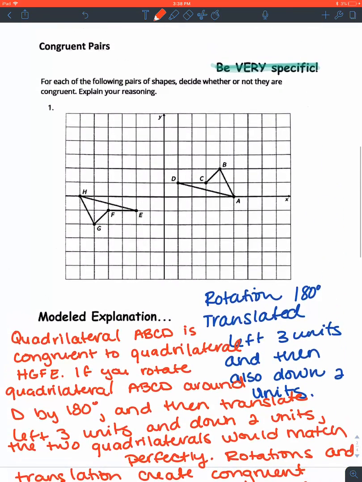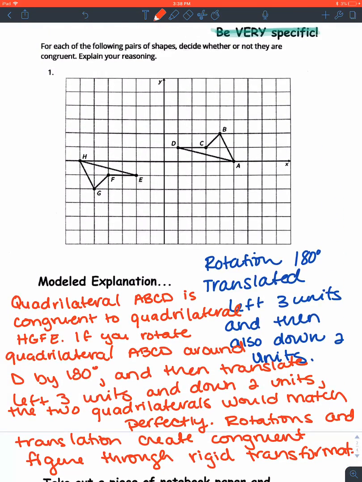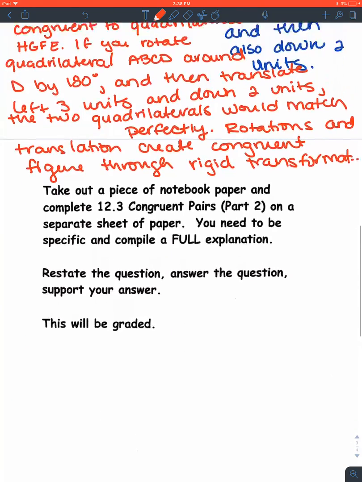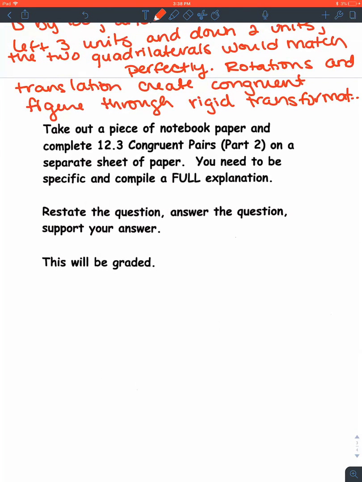Okay. So hopefully you are with me. Nothing has changed. We've gone over all of this. This is just a more specific, detailed explanation using a more complex transformation. There are 4 in which you are going to be responsible for. So what I need you to do is take out a piece of notebook paper, and the other handout that you have on your desk should be 12.3 Congruent Pairs Part 2.